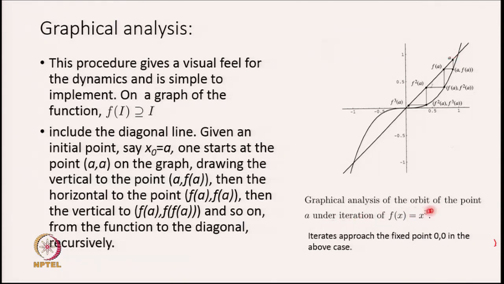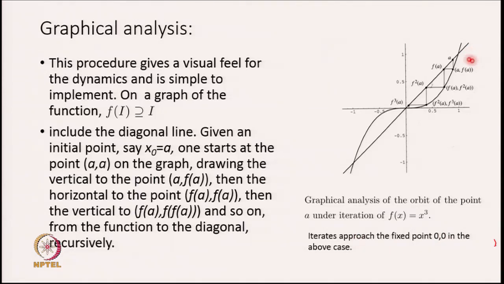So, this graphical analysis of the orbit of the point A under this iteration, which is f of x is x cubed, tells us that this point, fixed point x is equal to 1, is unstable, because any small displacement from there will just move away, move downwards towards this second fixed point, which is 0, which is stable. So, the iterates over here will approach the fixed point 0 in this above case.